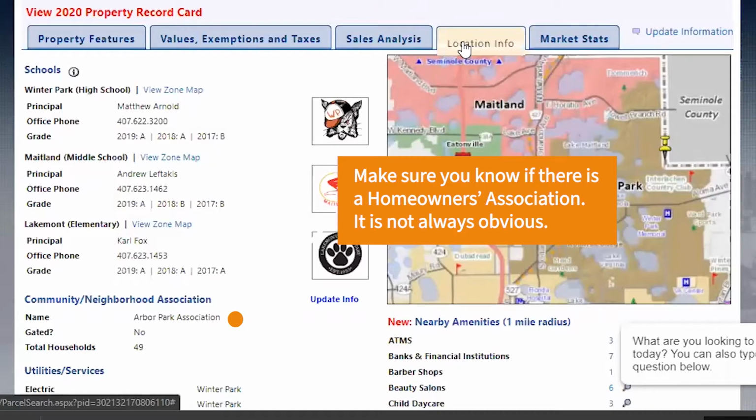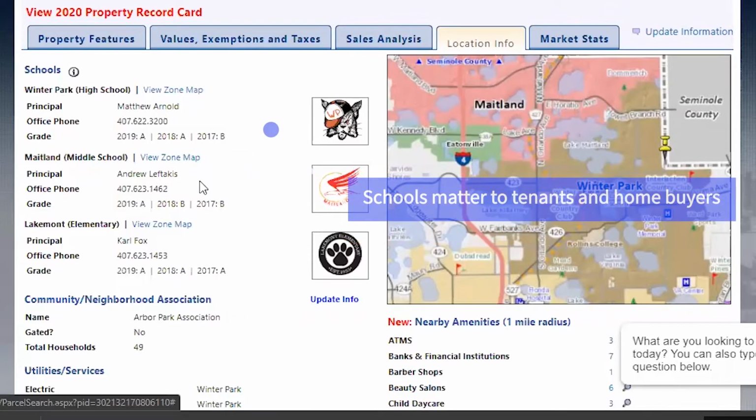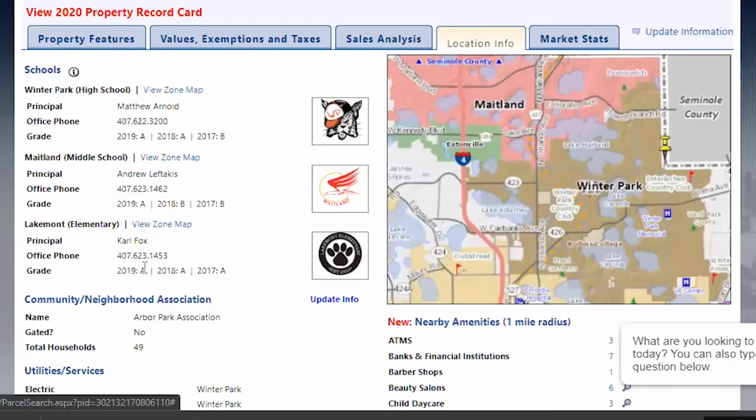So here you have which schools relate to this property, from the high school, the middle school, and the elementary school, and it rates them A through F. And you see this particular school is, for the high school, rated A. The middle school is rated A. And the elementary school is rated A. So that matters to renters, it matters to tenants, it matters to people who are interested in buying your house. And so that's something you want to focus in on.